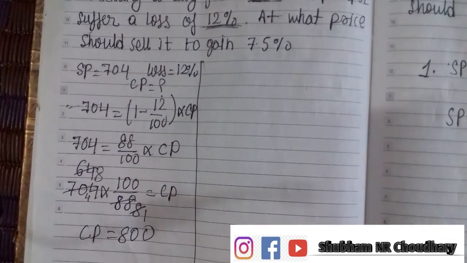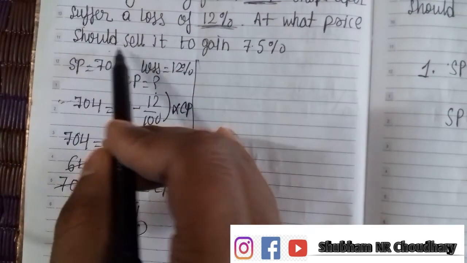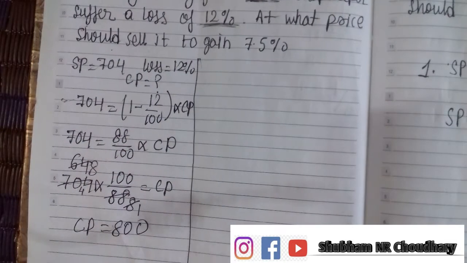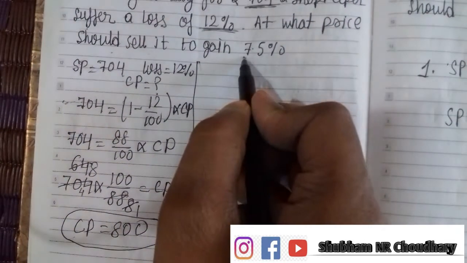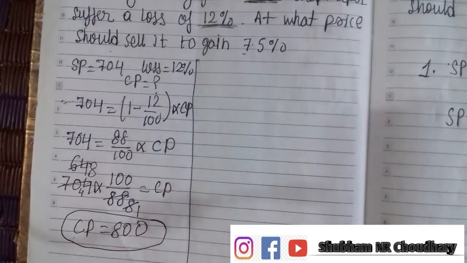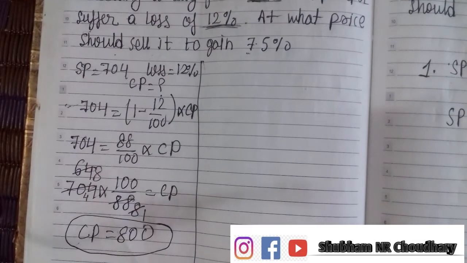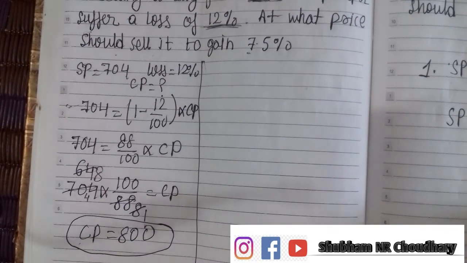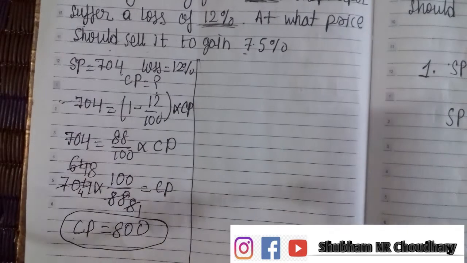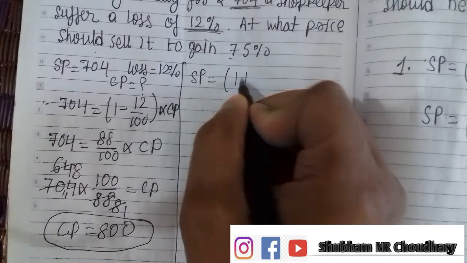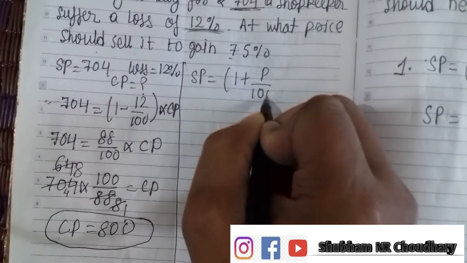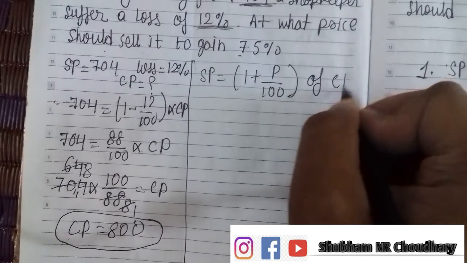Now what they are asking is, at what price should we sell to gain 7.5%? So our cost price is this. We will put 7.5% gain on this, then we will get the price at which we need to sell to gain 7.5%. So SP equals 1 plus profit by 100 of CP.